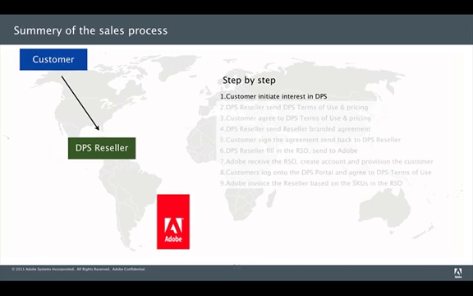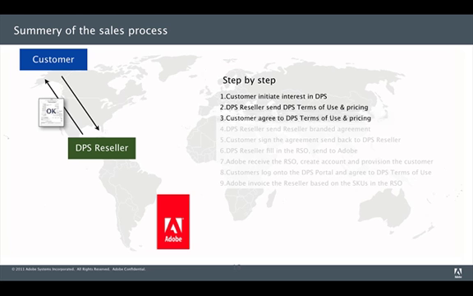And also the summary of the sales process is included in this presentation. So basically the steps are that the customer contacts you as a reseller with interest in DPS. You send them an offer, including the terms of use and pricing information, and that offer should also include maybe services that you provide on top of DPS, like consultancy and training and so on.